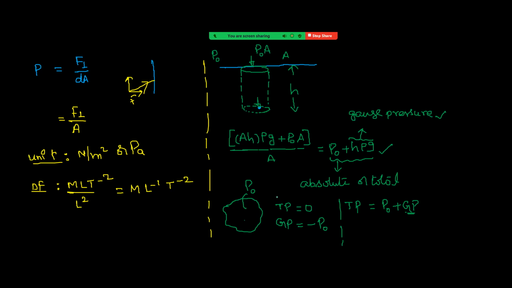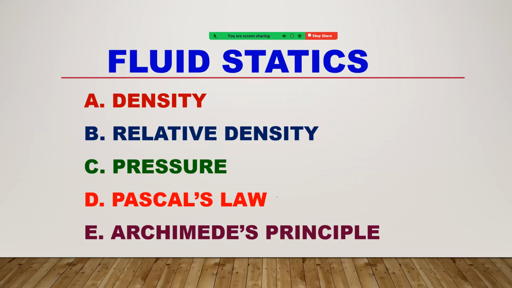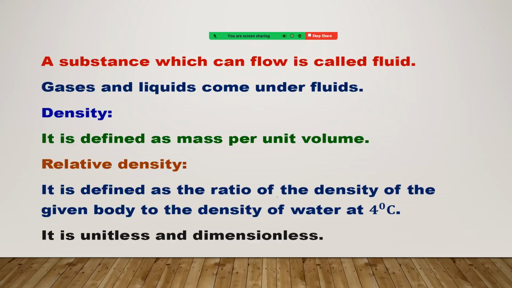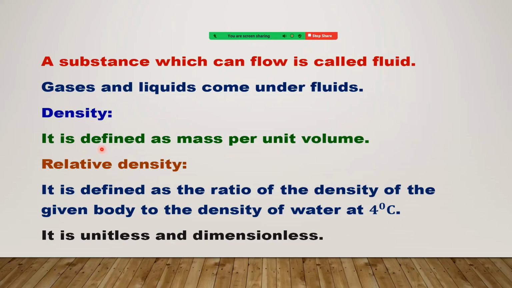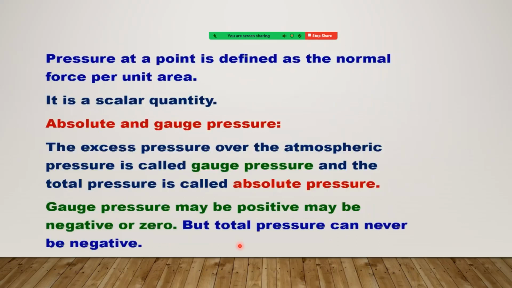Okay. Let us see the key points which we have discussed till now. Density is defined as mass per unit volume. Relative density is defined as the ratio of density of the given body to density of water at 4 degrees centigrade. It is unitless and dimensionless. Pressure at a point is defined as normal force per unit area.